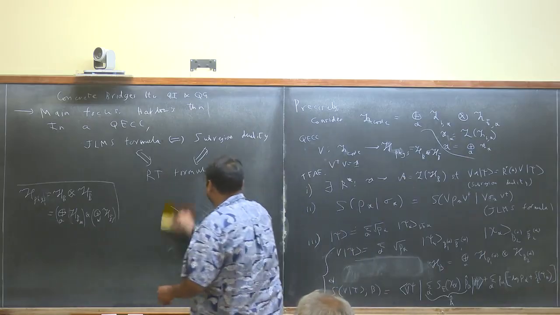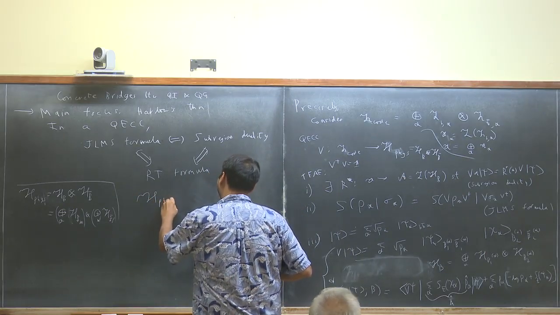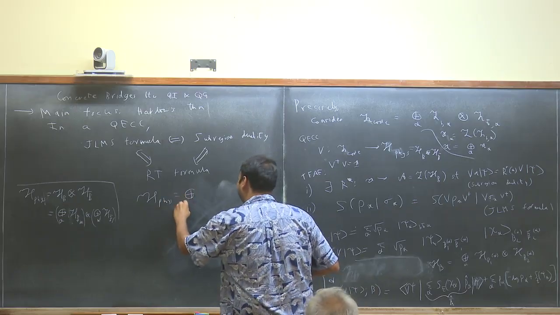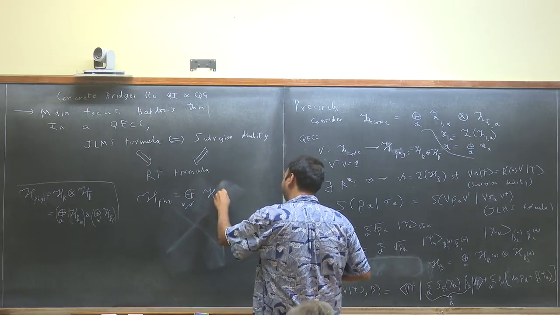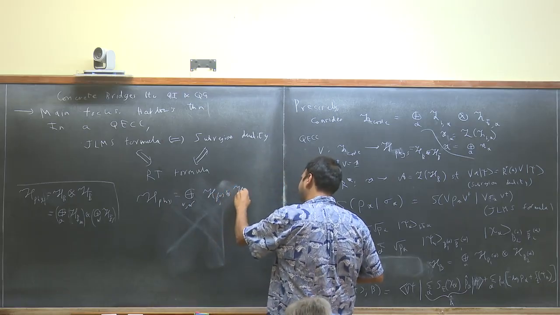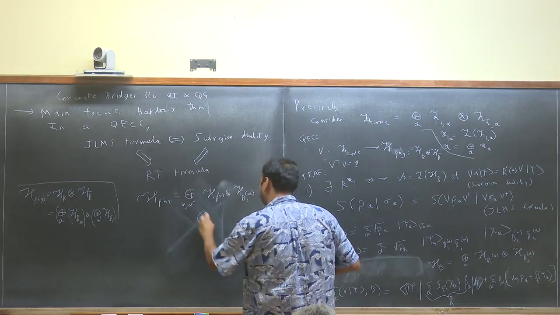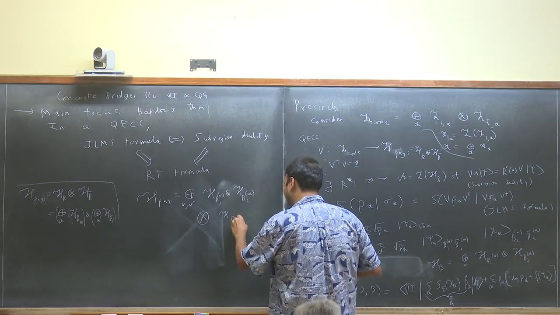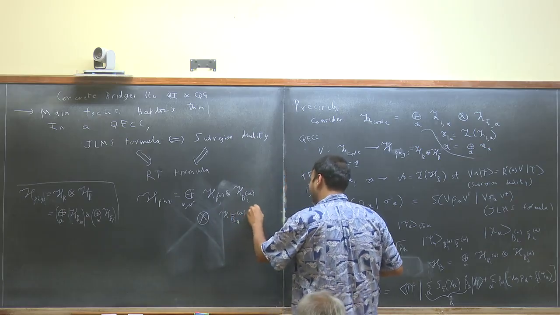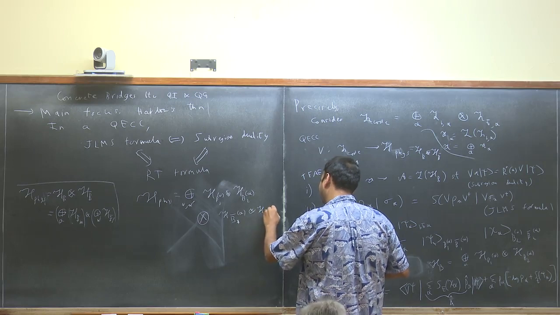So H phys is equal to the direct sum over alpha.